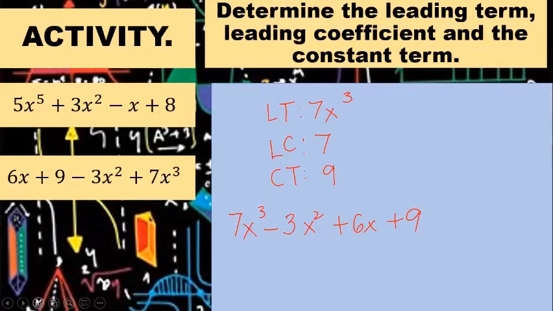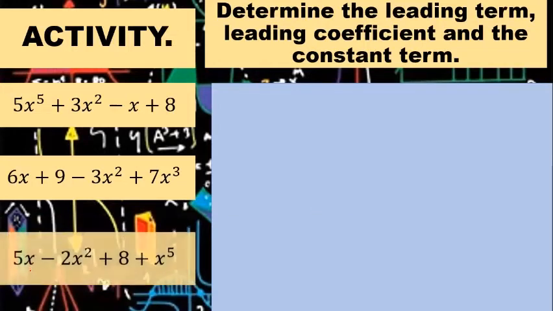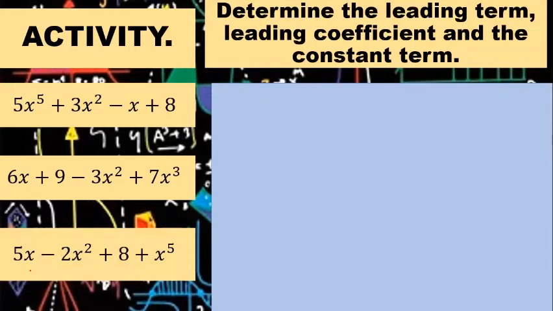Third example, we have 5x minus 2x squared plus 8 plus x raised to the 5th power. Okay, let's arrange this in descending order. So we have x raised to the 5th power minus 2x squared plus 5x plus 8.